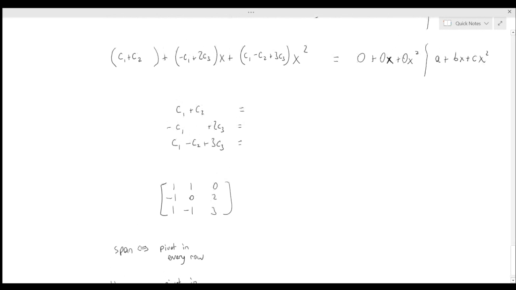Okay. So if we just quickly reduce this matrix, just to see where all the pivots are going to be. So do one more operation here.